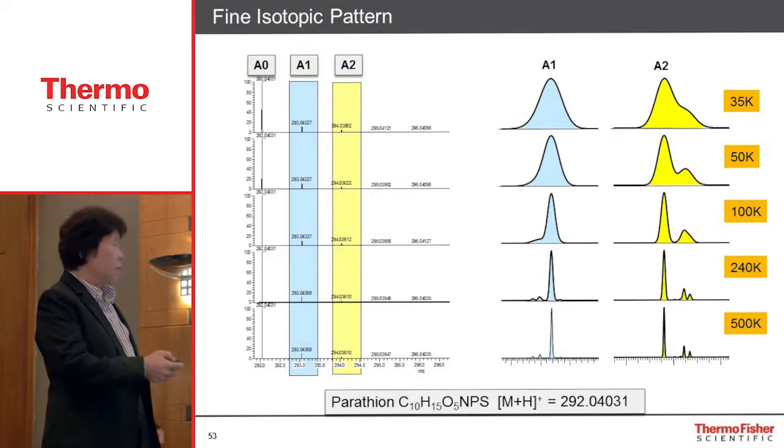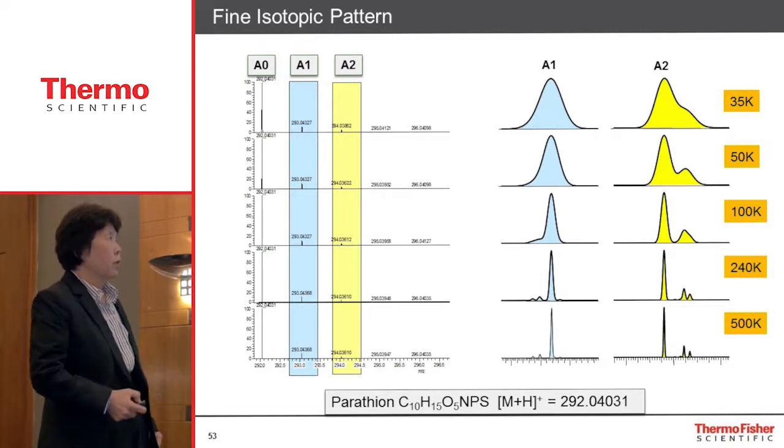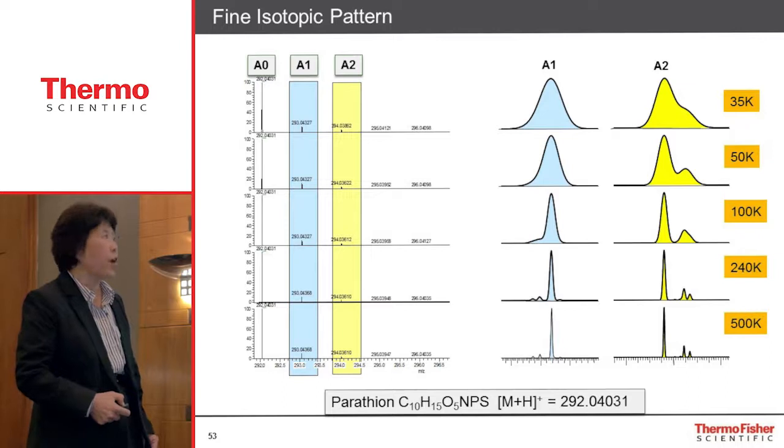So this is just an example. For this compound, pyrazine, we plot the isotope distribution under different resolutions. As we can see, only at 240 K resolution do you start to see all those fine fingerprints.